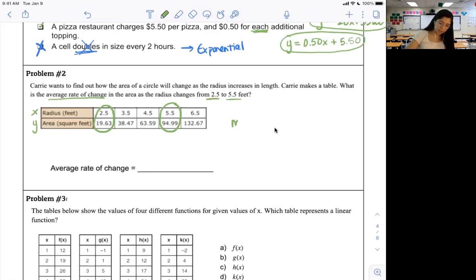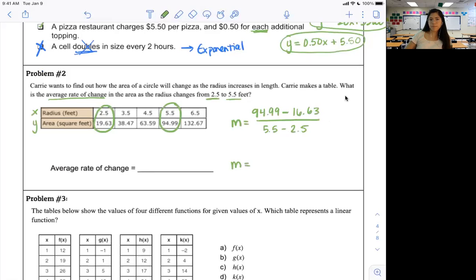Cool. Now I just plug everything in. So this is going to be 94.99 minus 19.63, and then 5.5 minus 2.5. What do I get in the numerator? 94.99 minus 19.63.